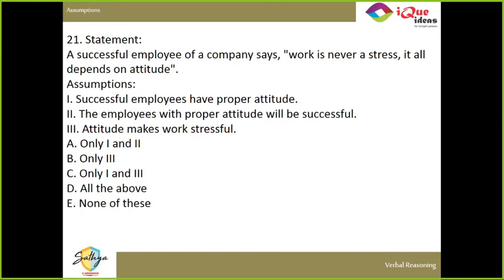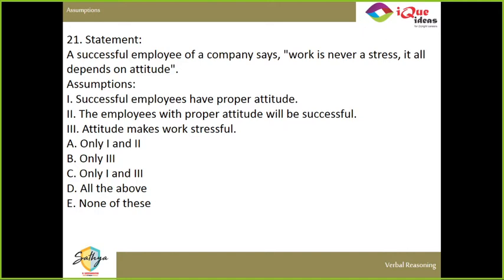You are given a statement and three assumptions, and you have to identify which of the assumptions is required for this statement. So the statement says a successful employee of a company says work is never a stress. It all depends on attitude. Work is never a stress, it all depends on attitude.